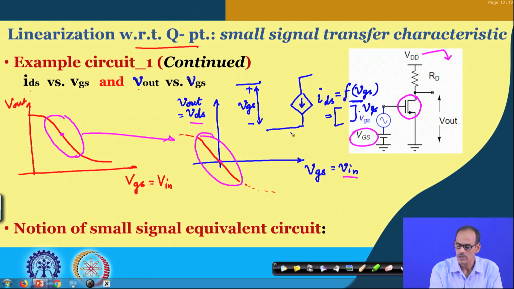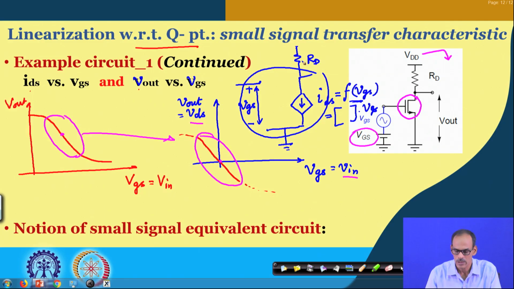So, this is the equivalent circuit of the transistor, and then of course, we have the R d connected here. Whatever circuit we obtain by dropping the DC part is nothing but another equivalent circuit, which is used for the small signal transfer characteristic, and hence it is called the small signal equivalent circuit.